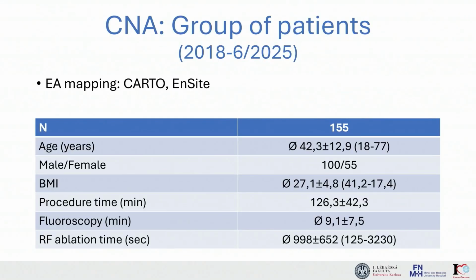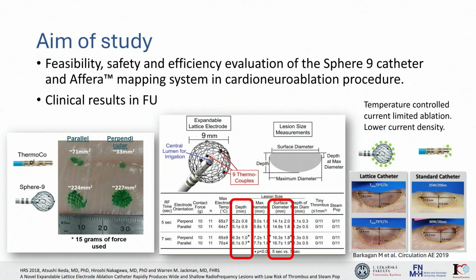So the total cohort of patients treated with these catheters was 155 patients. You see a typical average age, which is about 40 years, more males, and you see the procedure time, which took around two hours, and I would say atypically long RF ablation times.